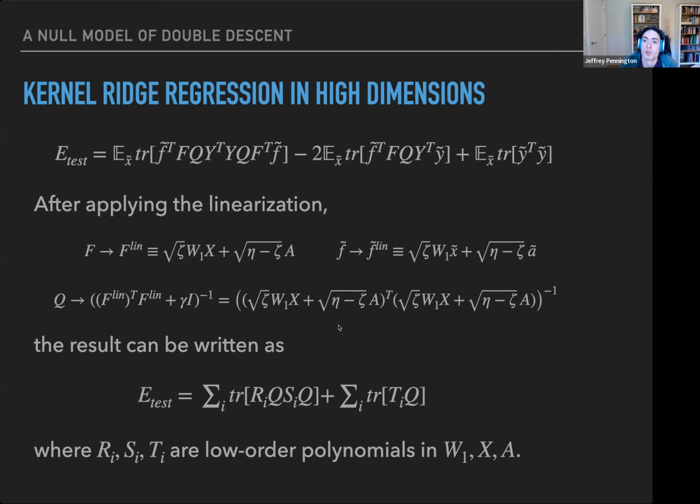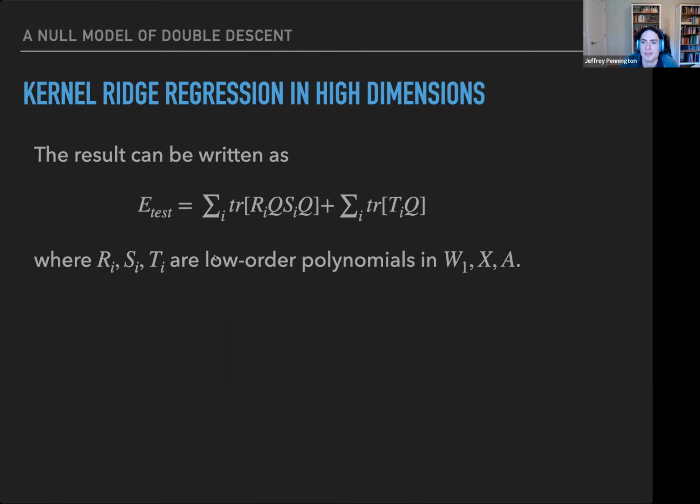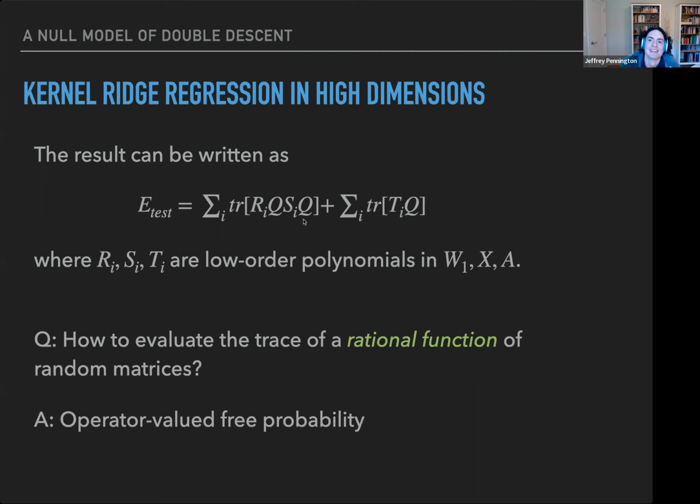And when you get rid of all the nonlinearities by these substitutions and simplify the resulting tracial terms, when the dust settles, you end up with something which is linear or quadratic in the resolvent. And essentially what you want to do is evaluate the trace of a rational function of random matrices and evaluate this asymptotically in the matrix sizes.